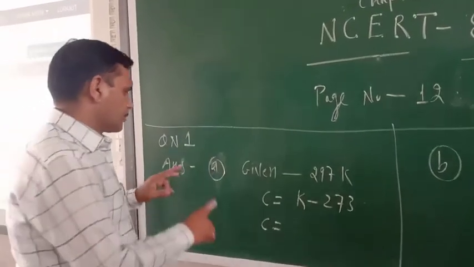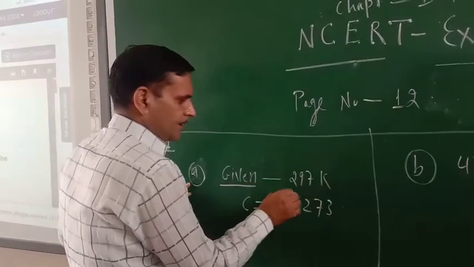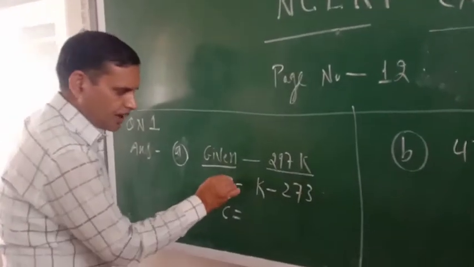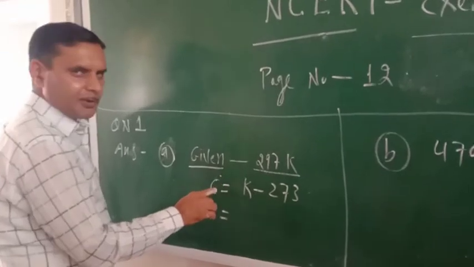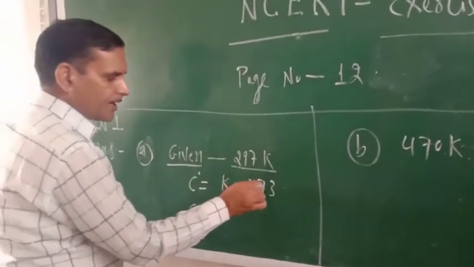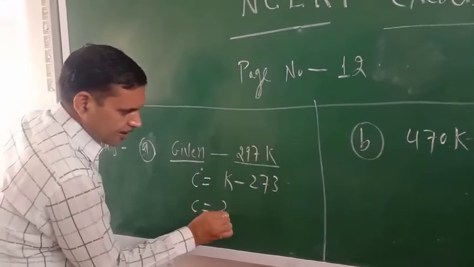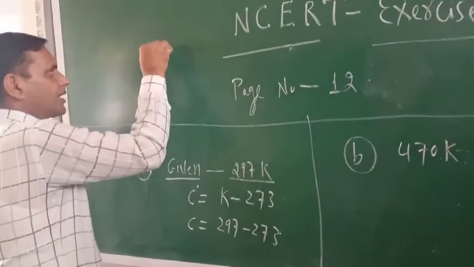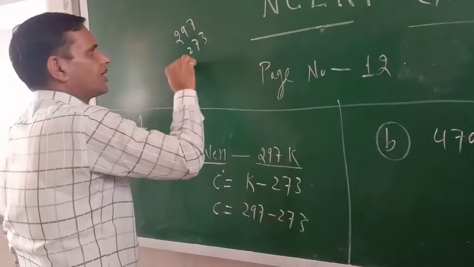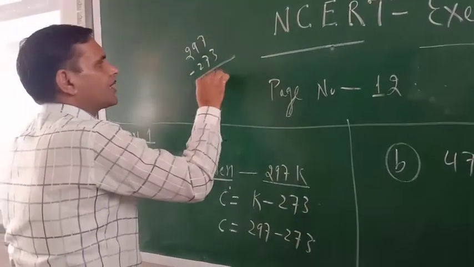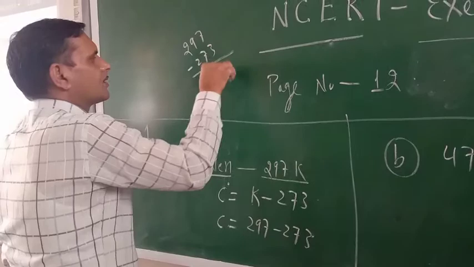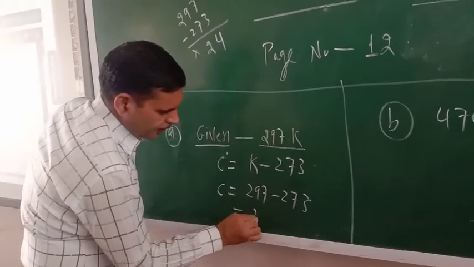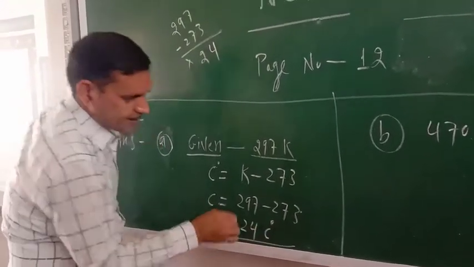In question number 1, the first given temperature is 297 Kelvin. You have to convert this into degrees Celsius. The formula to convert into degrees Celsius is C equals K minus 273. The K value is given, so 297 minus 273 equals 24 degrees Celsius.